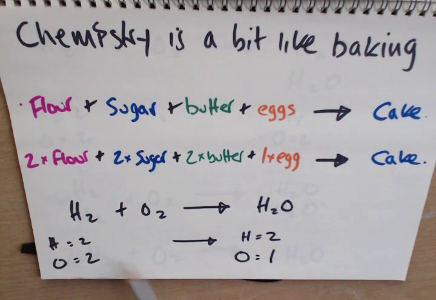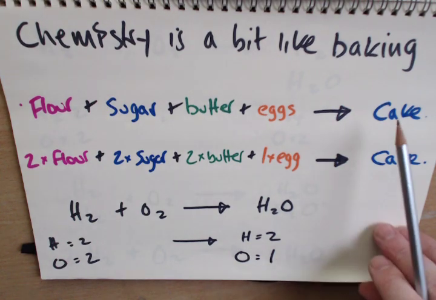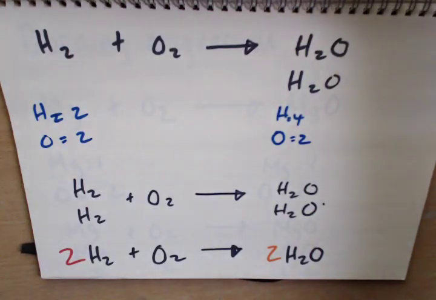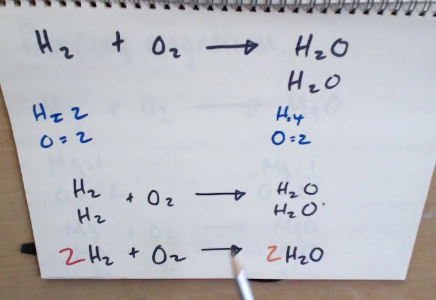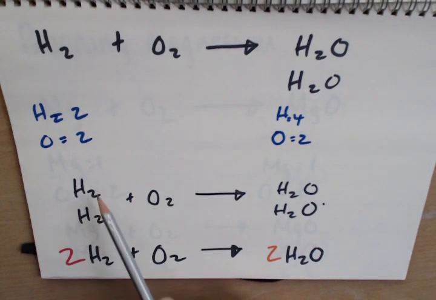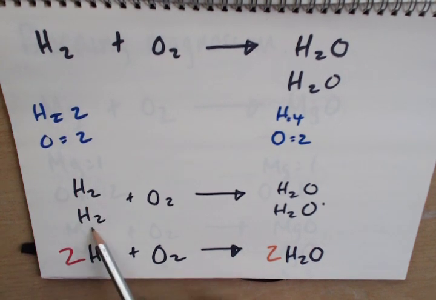Now, if you look at this with chemistry, hydrogen, H2, plus O2 goes to H2O. So we've got 2 hydrogen, 2 oxygen, 2 hydrogen, 1 oxygen. So what do we do? We just add another hydrogen there. So we've got 2 hydrogens there, so that becomes 4. That is 2.